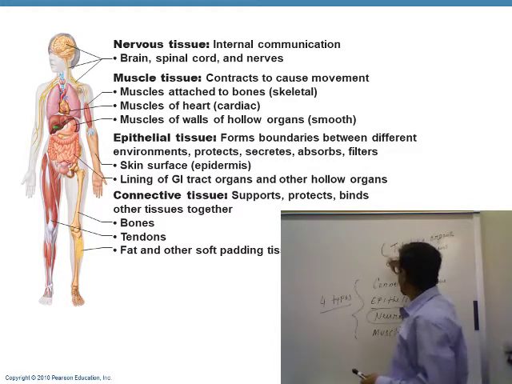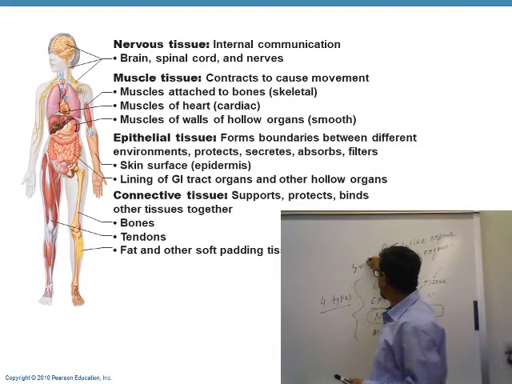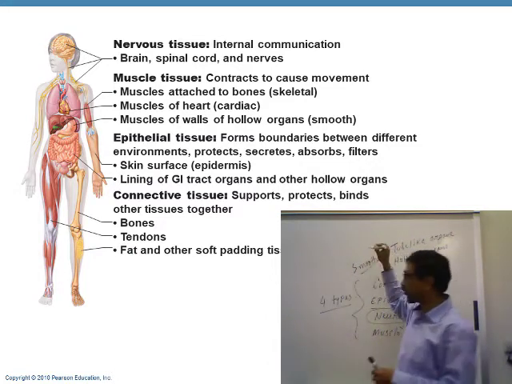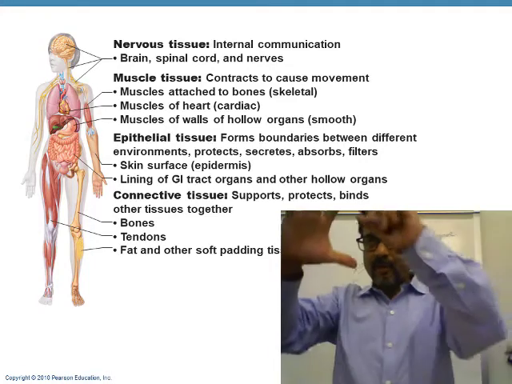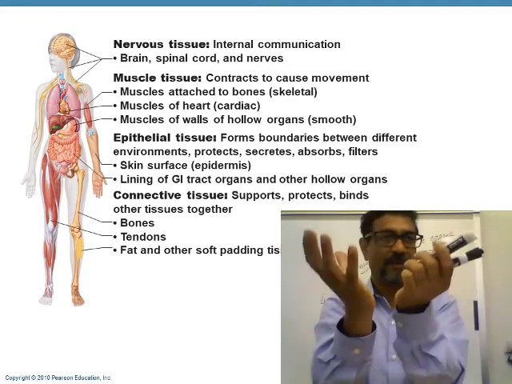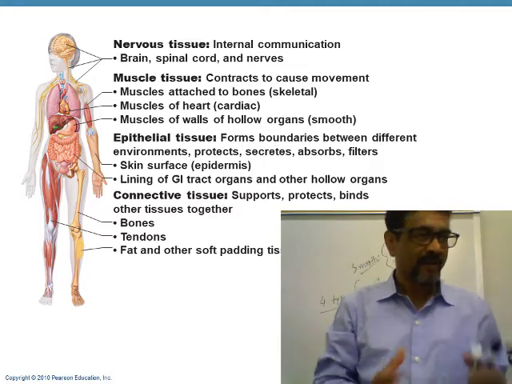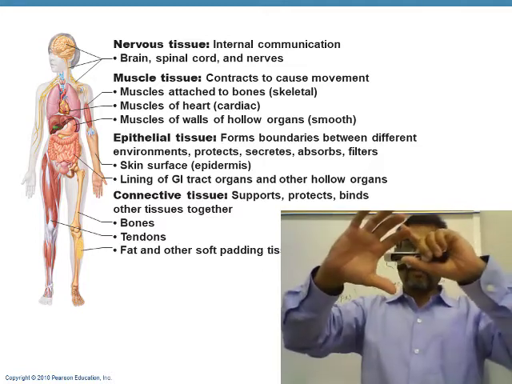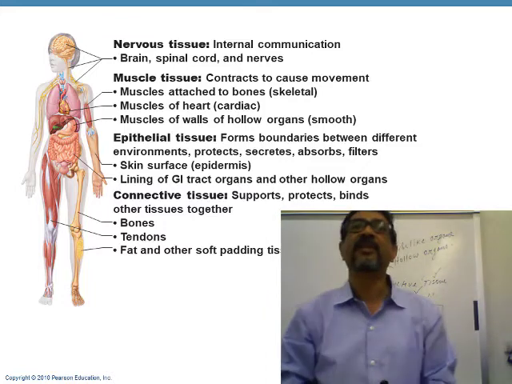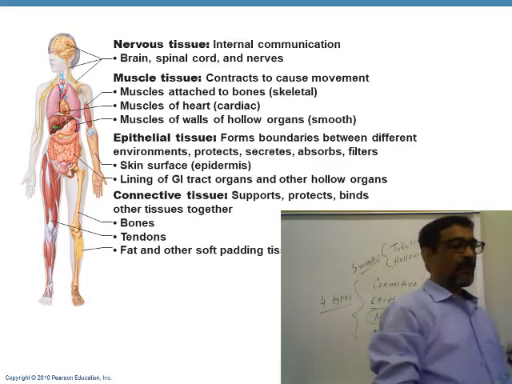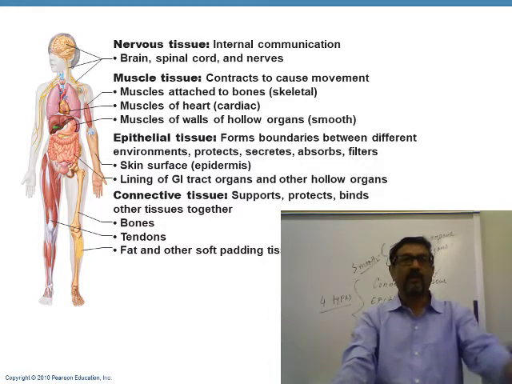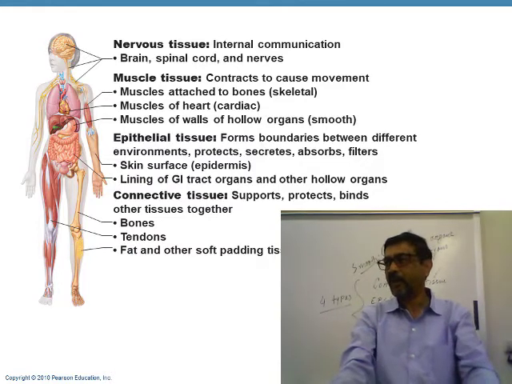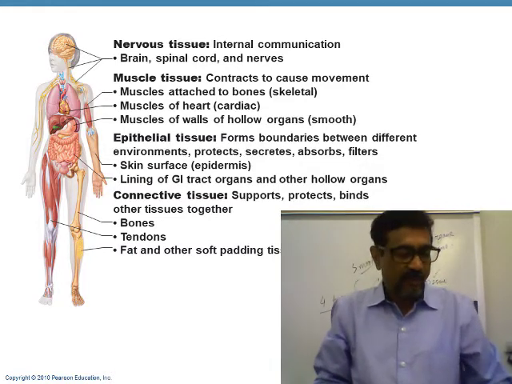So, smooth muscle is found in those places. What are the hollow organs in your body? You know, stomach, right? Big, hollow, urinary bladder, right? That means there is a large cavity inside. So, uterus. So, those are the hollow organs. Stomach, uterus, urinary bladder, in the wall of those organs.